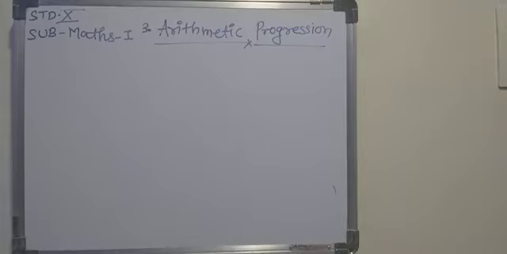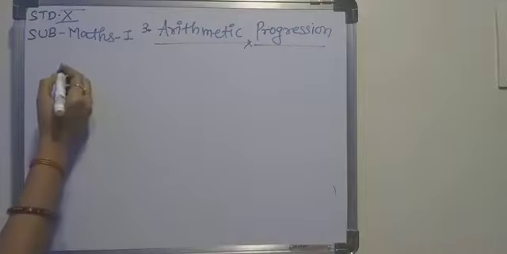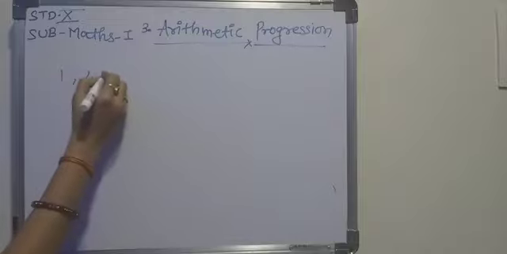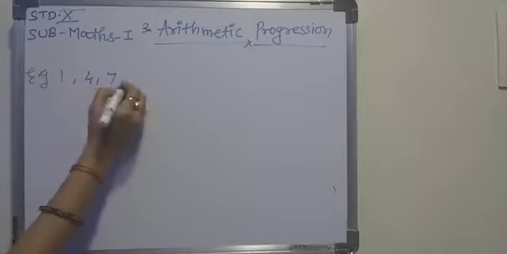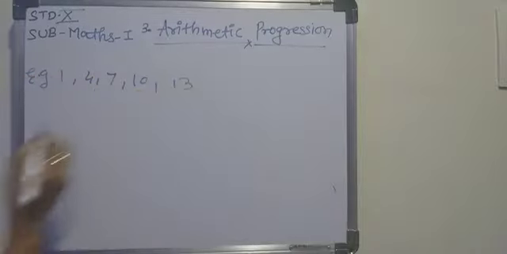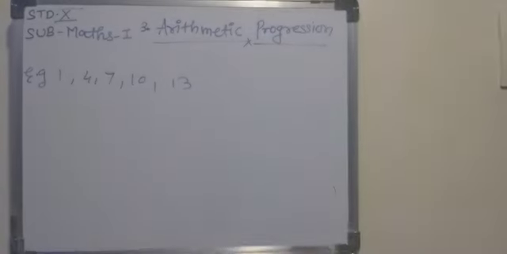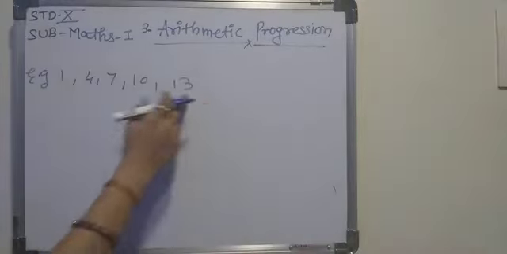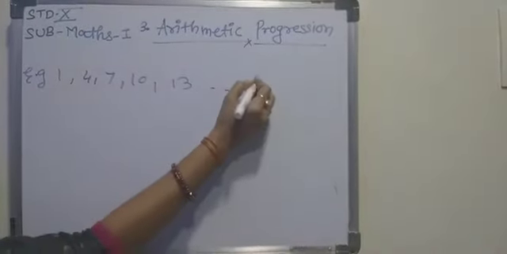So as you see in the example, for example, 1, 4, 7, 10, 13 and so on. Clear? These are the terms. The difference between any two consecutive terms, it's an AP, right?